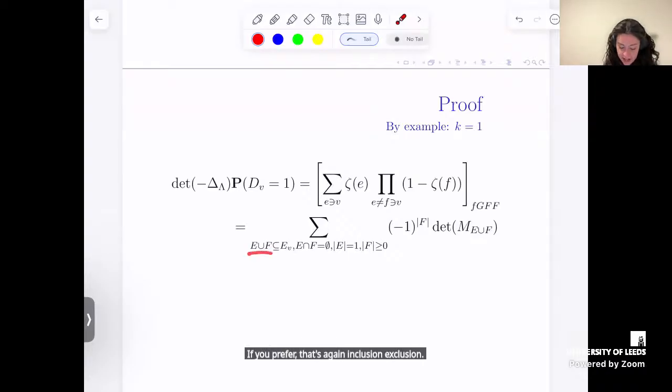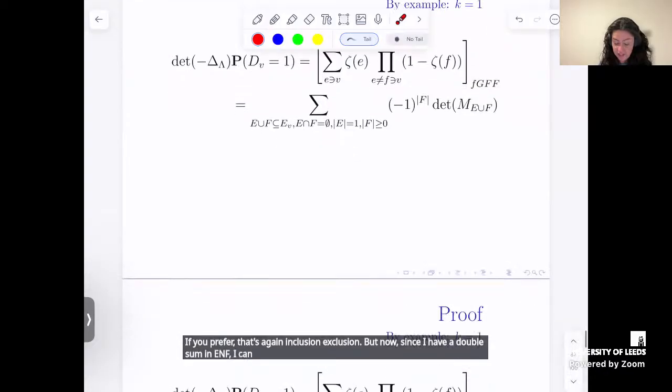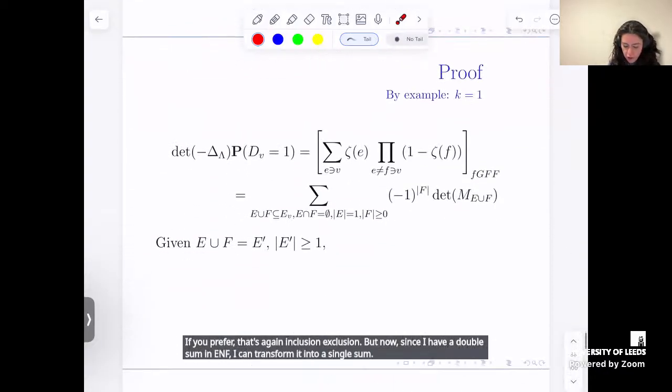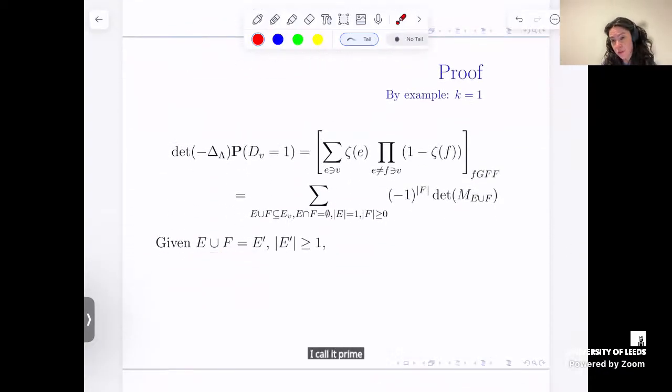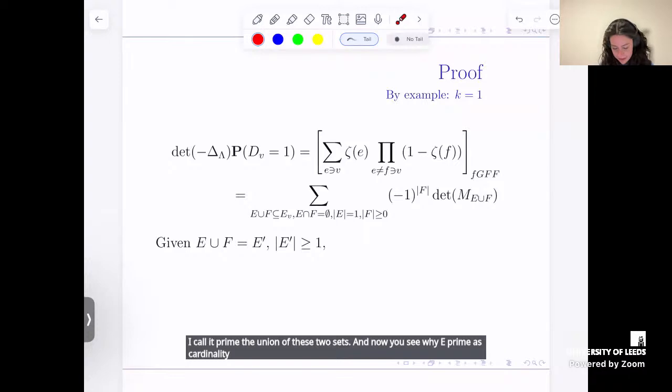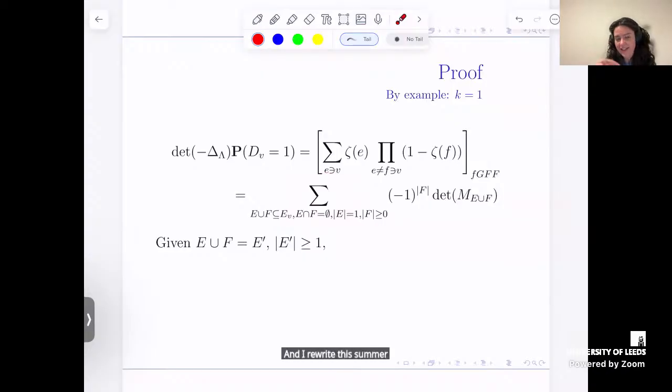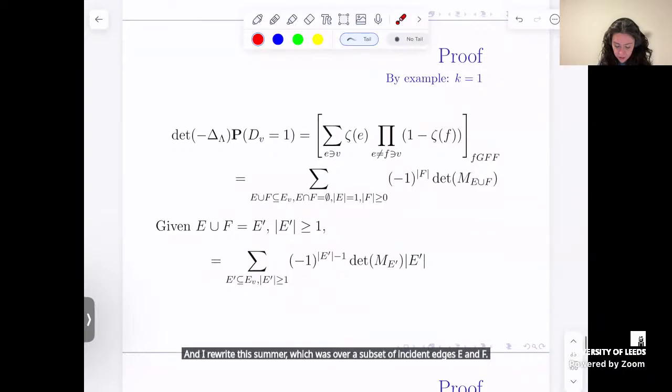But now, since I have a double sum in E and F, I can transform it into a single sum. I call E prime the union of these two sets. And now you see why E prime has cardinality at least 1. That's the contribution from E. I rewrite this sum, which was over subsets of incident edges E and F, into a single sum.